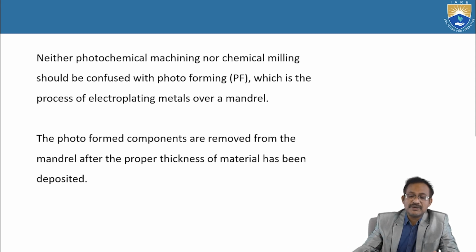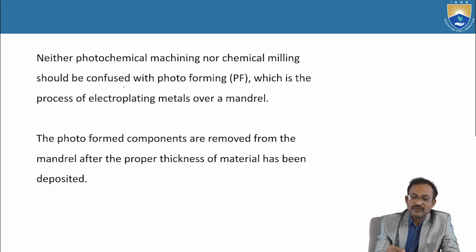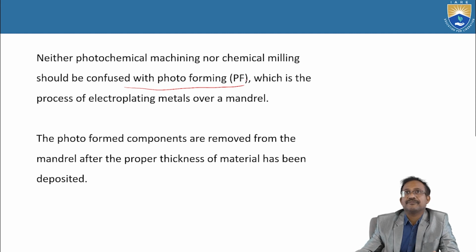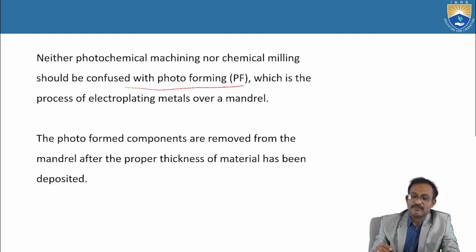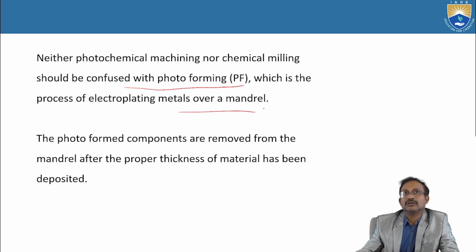Neither photochemical machining nor chemical milling should be confused with photo forming, PF, which is the process of electroplating metals over a mandrel. So that is the difference between photoforming and photochemical milling or normal chemical milling.